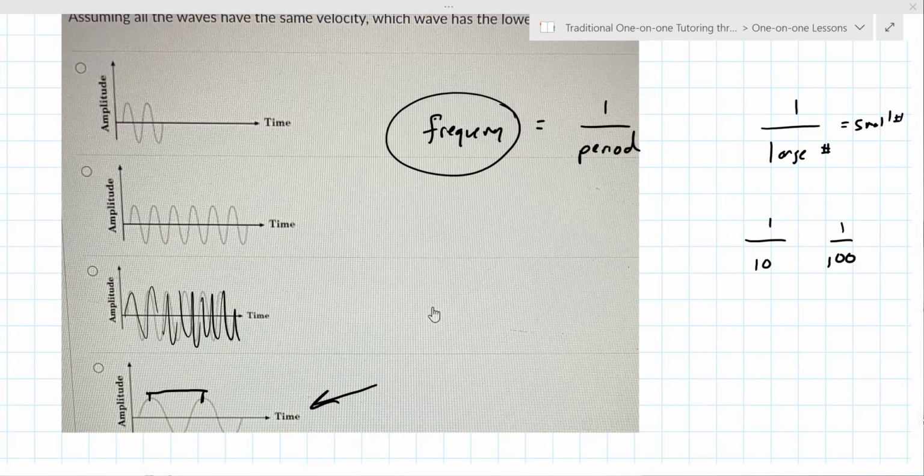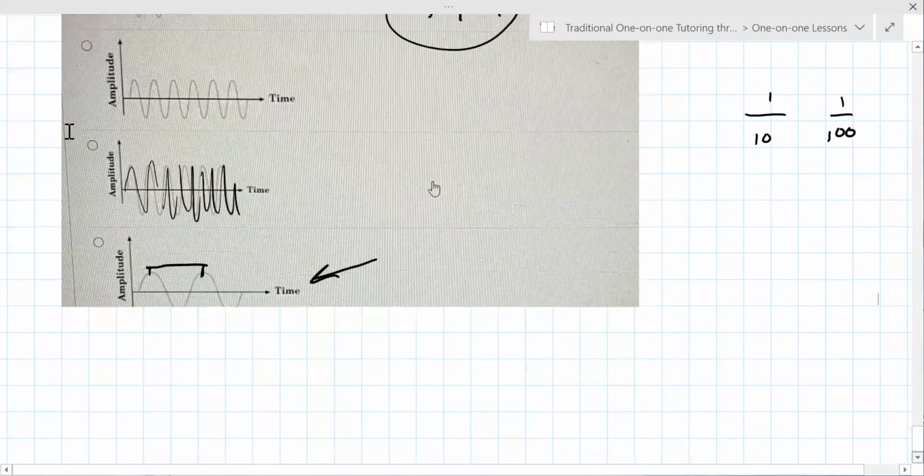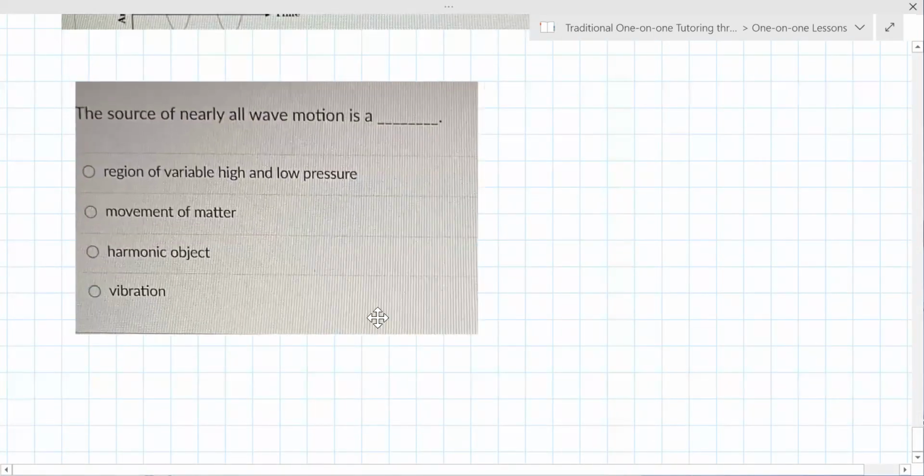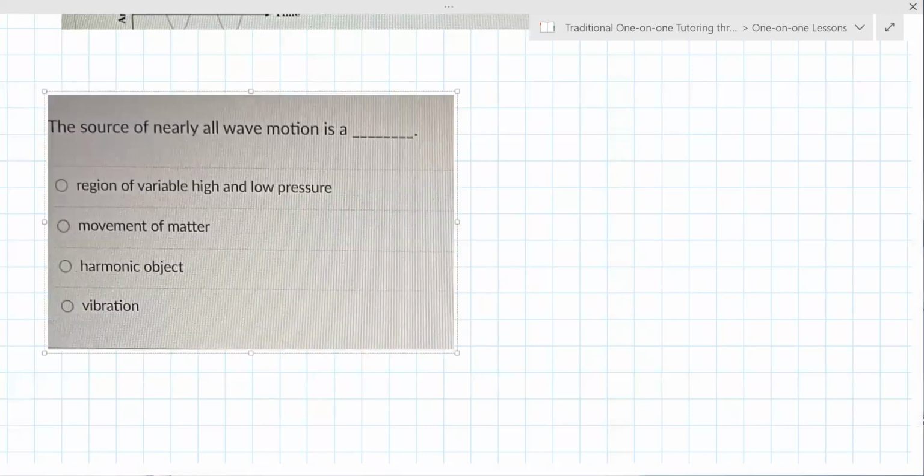The source of nearly all wave motion is, interesting. I don't know. I would say vibration, but that feels so obvious that maybe there's something else here that I'm not seeing. So let me check here.